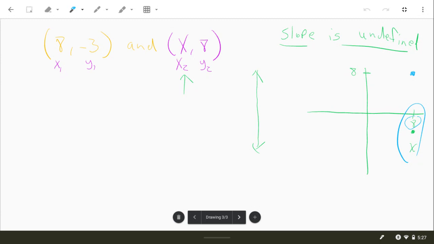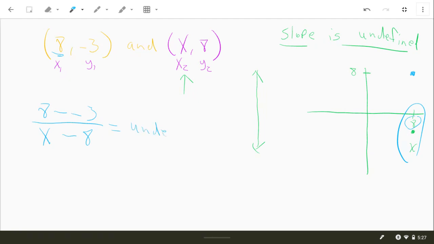The other way that you can get this is algebraically. I'll set up my equation. So y2 is 8 minus y1 over x2, which is x, minus x1, which is this 8 right here. Now, this needs to be undefined according to the problem.